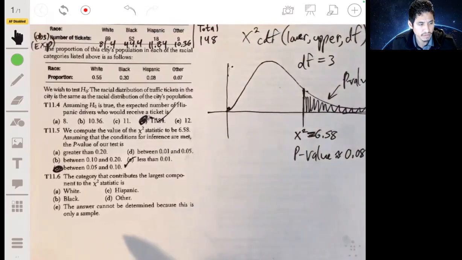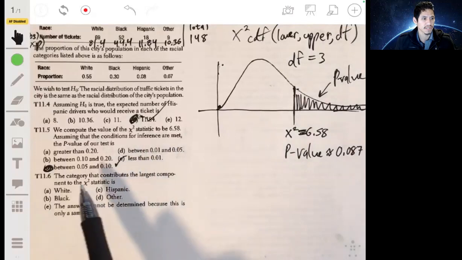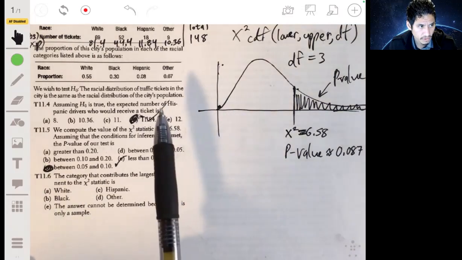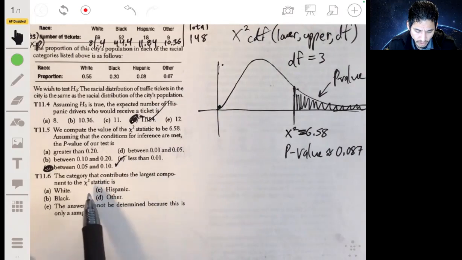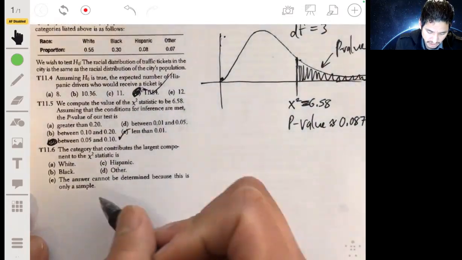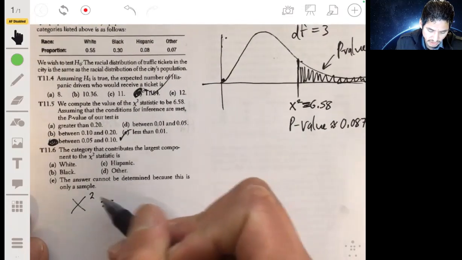And for 11.6, the category that contributes the largest component of the chi-square statistic is, okay, so let me break this down in detail so you can understand it in your refresher.